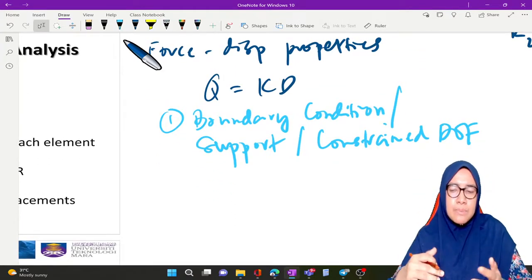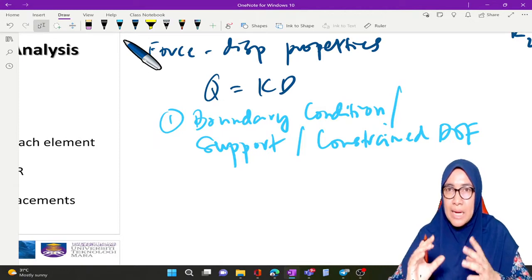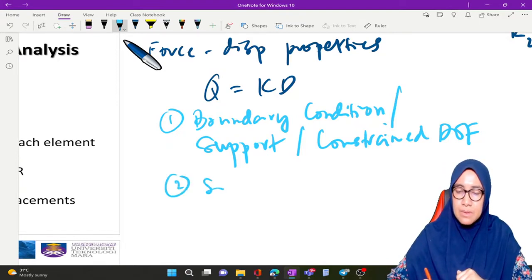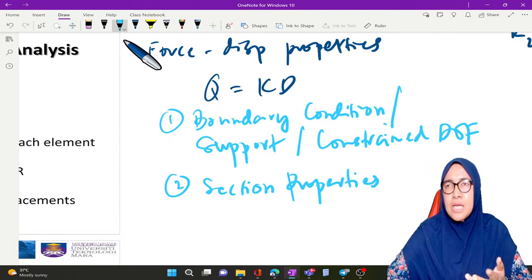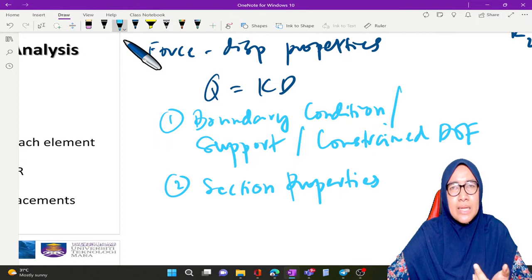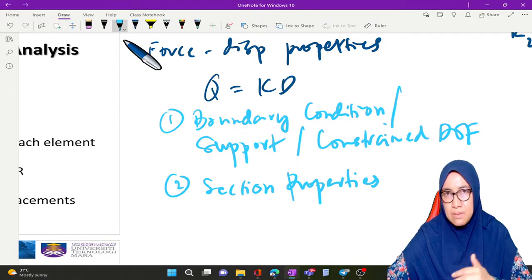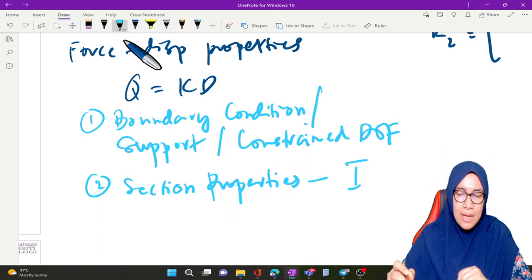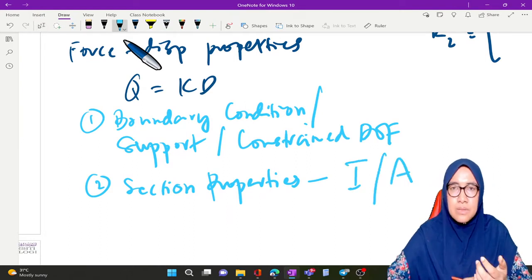Another property that we should understand under force displacement properties is called section properties. If you used software previously, maybe in diploma part 6 you used ESTEEM to model the building, you have actually used all these terms before. What are section properties? Section properties are the cross-section area, related to I, the moment of inertia, or A, the area.